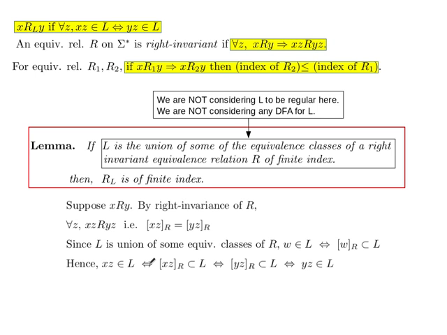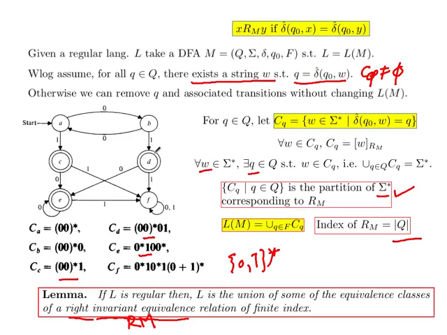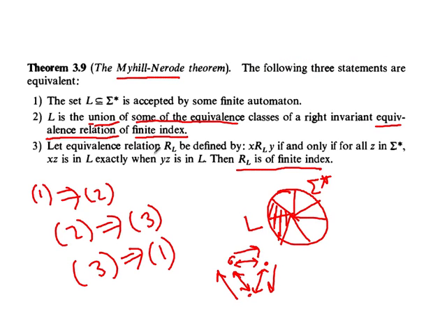Now this 2 to 3 is quite easy. The only thing is that if you see this theorem, L is a union of some equivalence classes of a right invariant equivalence relation, whatever. So this doesn't say that L is regular.